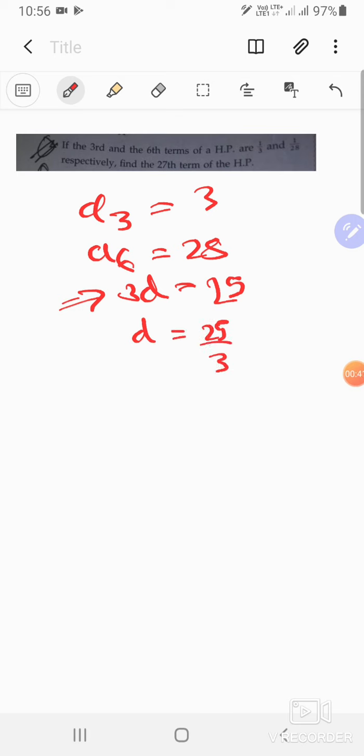We have to find the 27th term of that HP, which means we have to find the 27th term of that AP as well. It's like a6 plus how many times do you want to go up? 21 of them. So 21D is going to be our 27th term of the corresponding AP.